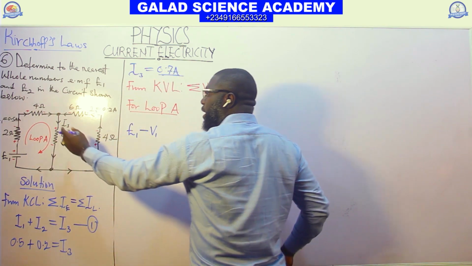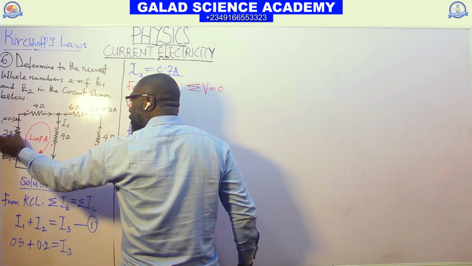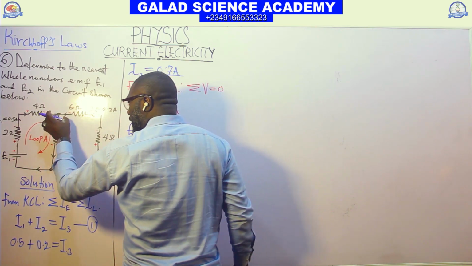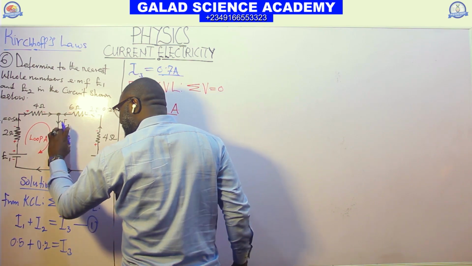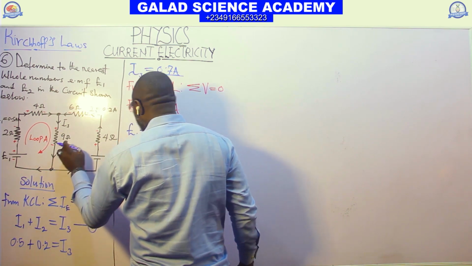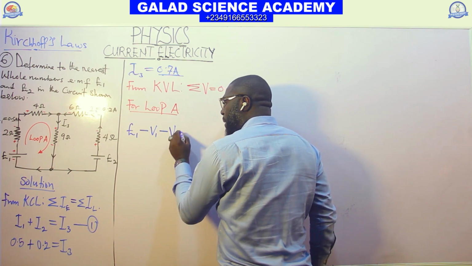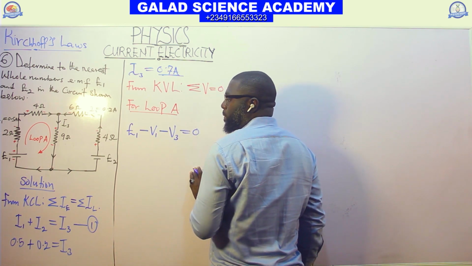So the 2 and 4 ohms voltage drop serve as V1. Then the current I3 coming through this 9 ohms serves as V3. It's also a voltage drop, minus, equal to 0.